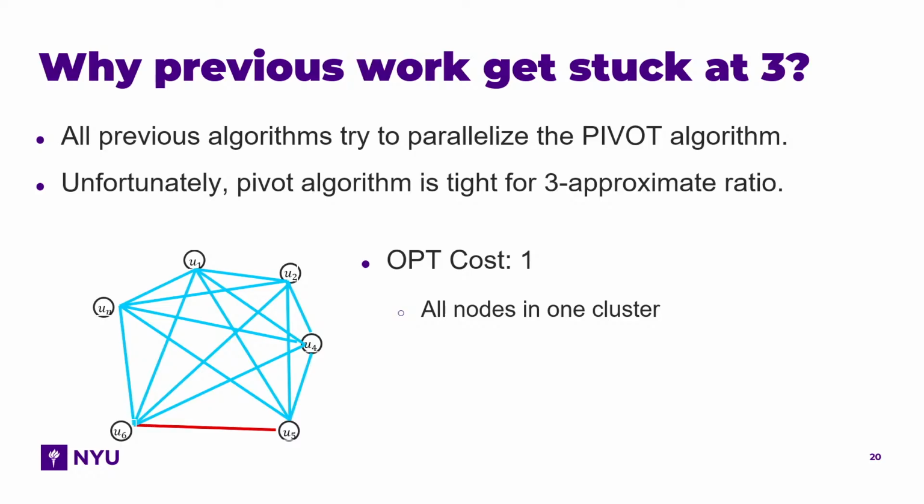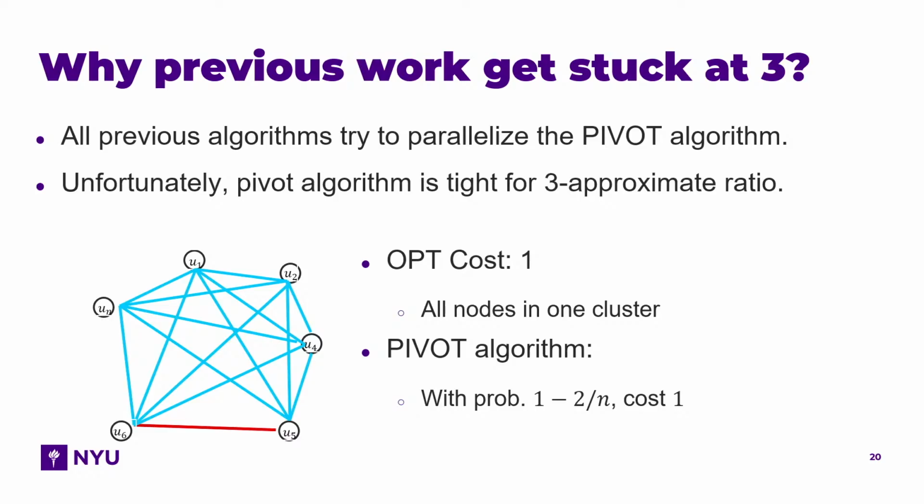But if you consider the Pivot algorithm here, what happens? In most cases, if you do not choose the bottom two nodes, you will get a very good solution. With very high probability, 1 minus 2 over n, almost probability 1, we will have a cost of 1, the same as the optimal solution.